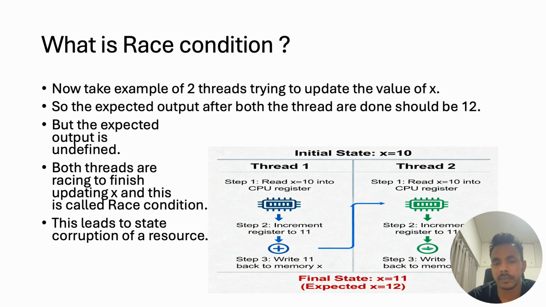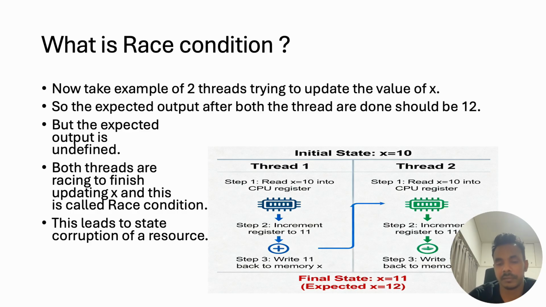But what happens is, let's say thread 1 is scheduled and thread 2 is also scheduled. Let's take thread 1 is scheduled. So thread 1 will read the value of x from the memory to the CPU register. At the same time, when thread 1 is updating the value of x in the CPU register, not in the memory, so it's in the update stage, thread 2 is also scheduled.